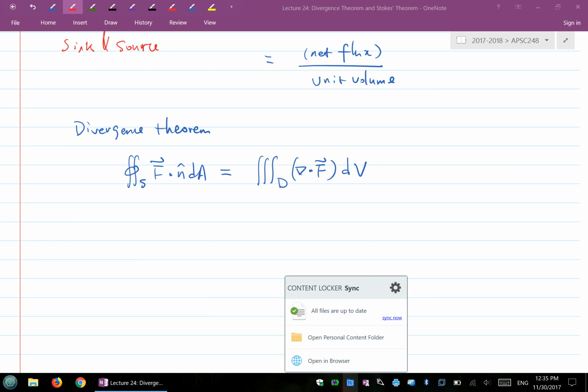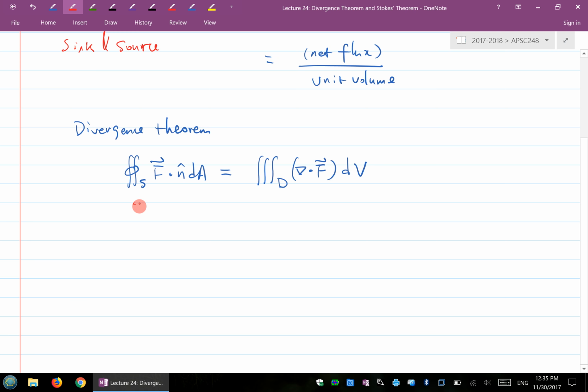On the left side you have a double integral, a surface integral over an enclosed surface. The divergence theorem deals with an enclosed surface S, and the enclosed surface S gives a region D. That's the connection between these two.